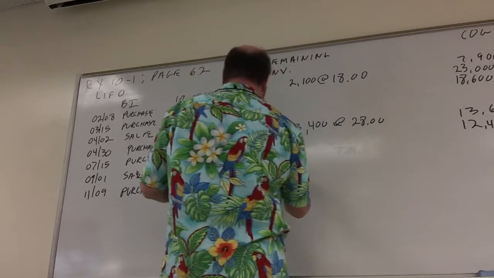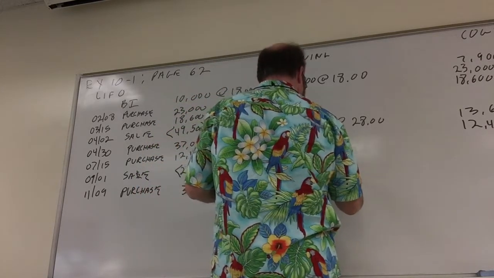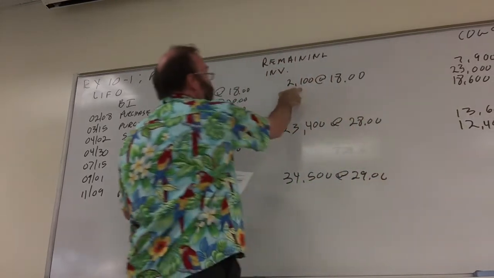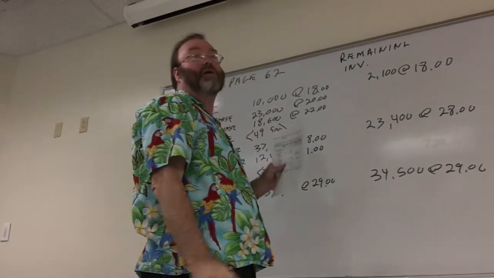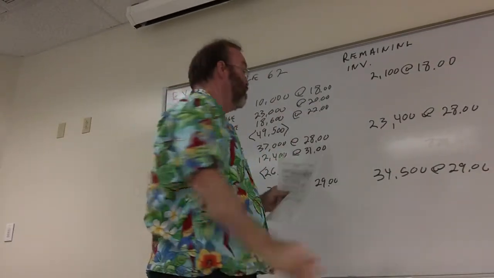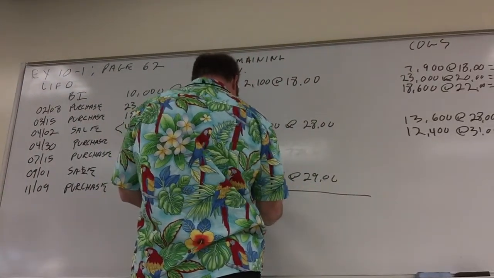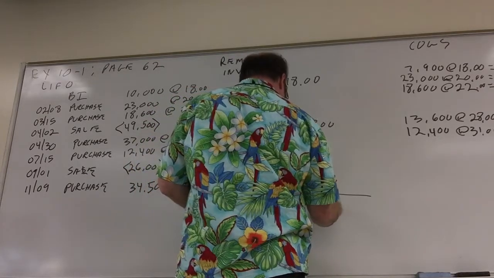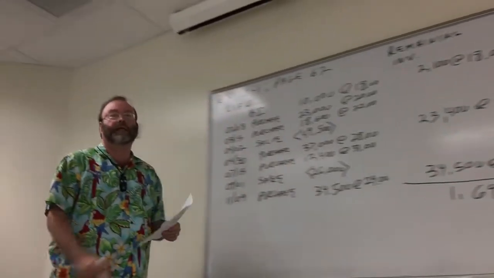And then we buy the 34,500 at 29. We still have this 2,100 layer, LIFO layer, that we started the year with. And so in total, ending inventory is going to amount to 1,693,500. And that's LIFO.